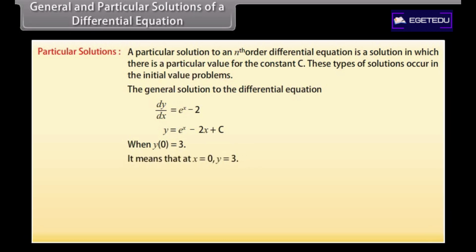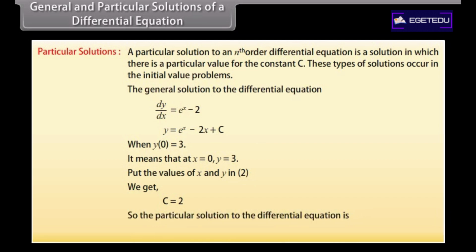It means that at x equal to 0, y equals 3. Put the values of x and y in equation 2. We get c equals 2. So the particular solution to the differential equation is y equals e raised to the power x minus 2x plus 2.